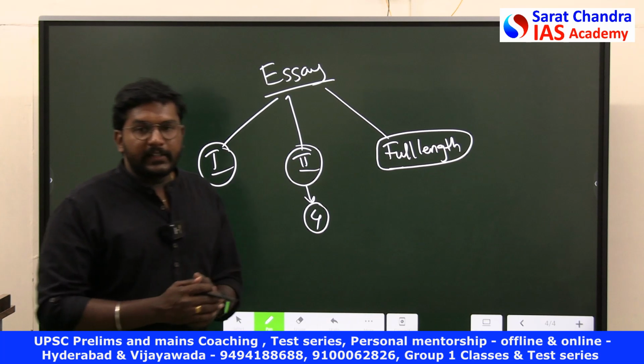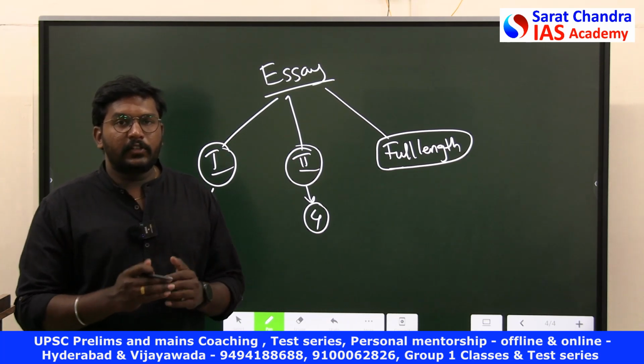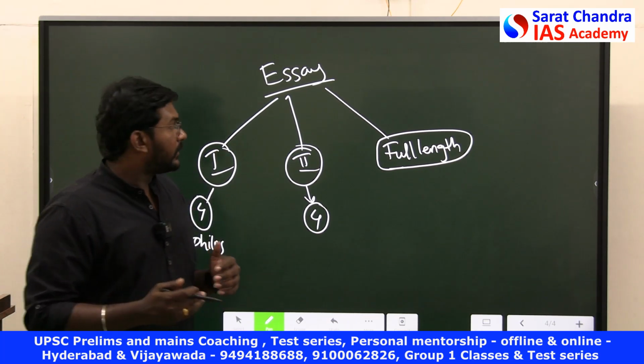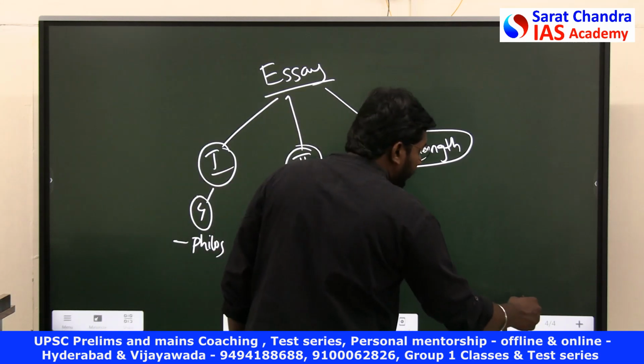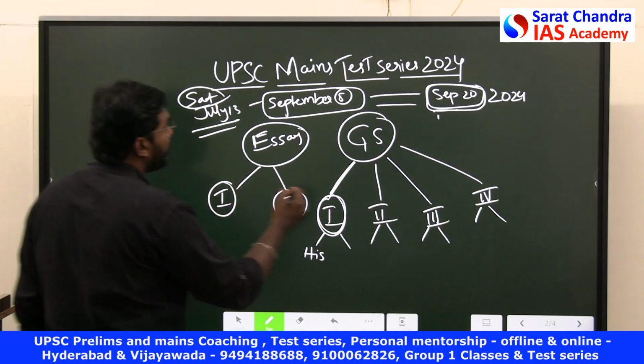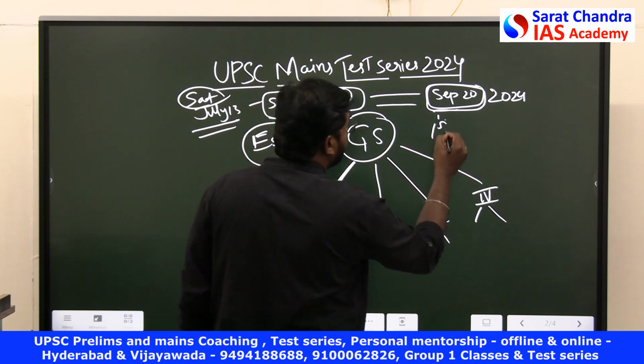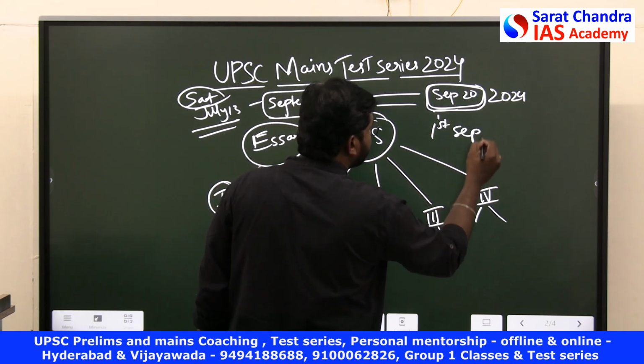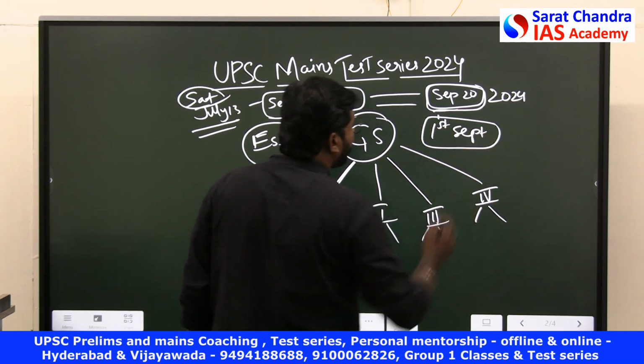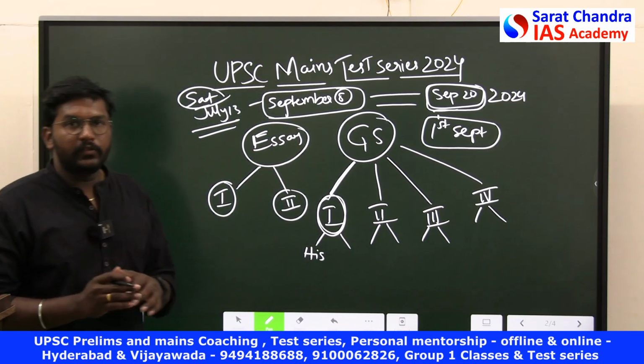In the final cycle we will have exams on consecutive days. All your part tests will be completed by 1st of September, so by September 1st you will be done with all the syllabus.